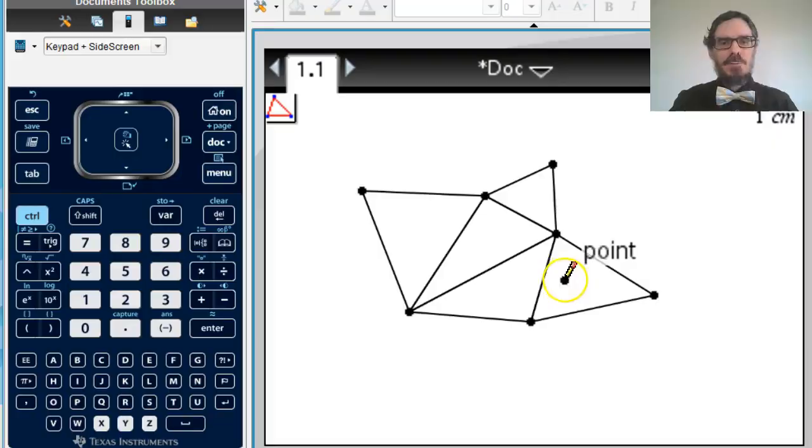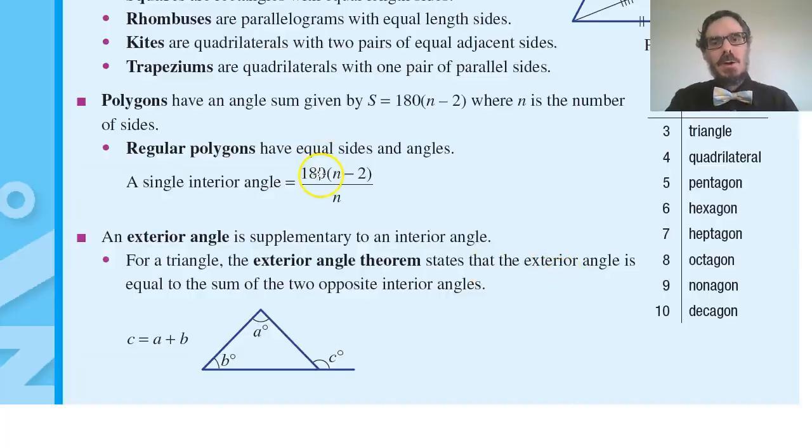And that gives us this rule. The total size of the angles inside the polygon is 180 degrees times the number of triangles inside, which is n minus 2, where n is the number of sides. And of course, if it's a regular polygon, that means all the angles are equal, then every internal angle will be 180 times (n minus 2) divided by the number of angles.